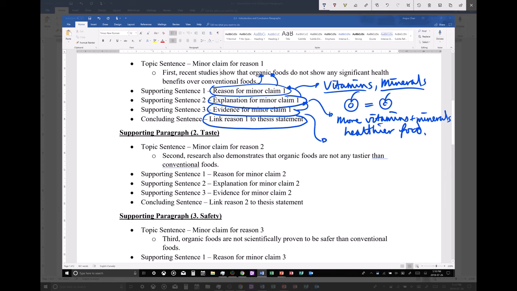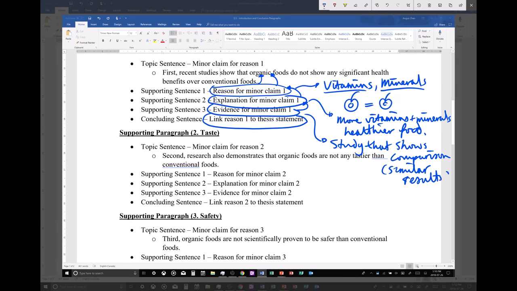Here, evidence, you would show a study that shows the comparison. Hopefully, the study shows that they are similar, if not the same. You want similar results here.